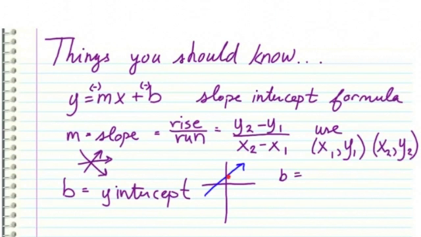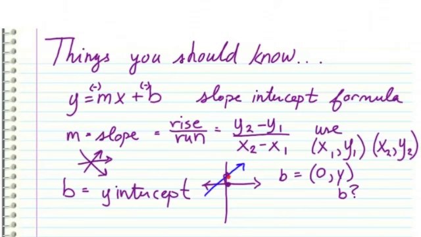And b can be found by figuring out what y is when x is 0. So if x is 0, what is y, or what is b? That makes sense because when x equals 0, that's where I'm looking for my y-intercept.